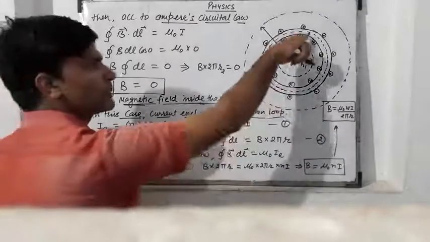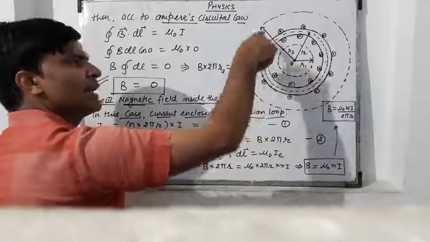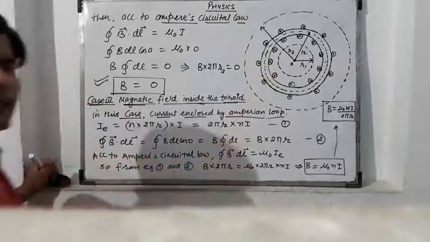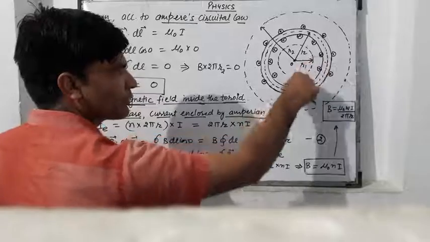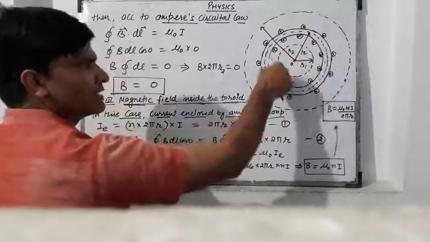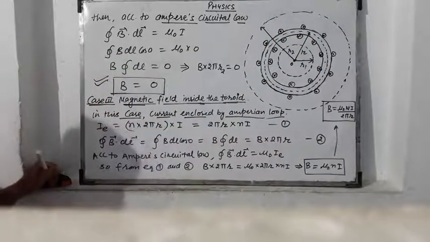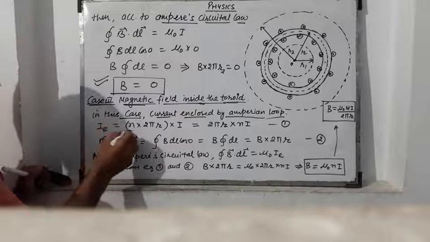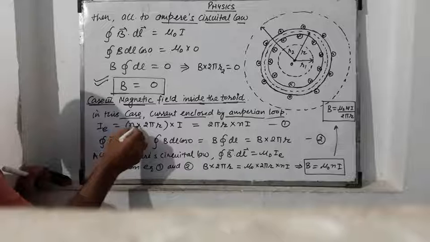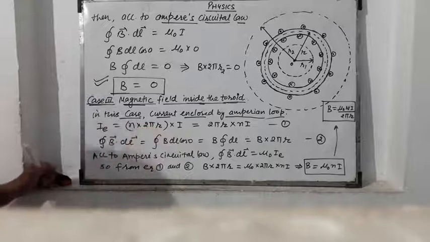The cross represents the current entering into the plane of the paper, and this Amperian loop encloses only these crosses. So the enclosed current is equal to small n into 2 pi r.